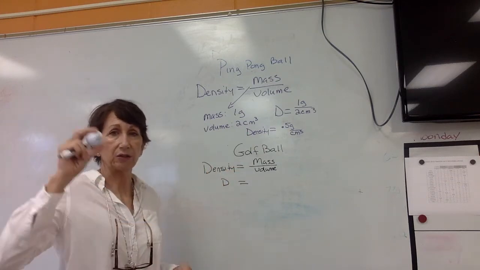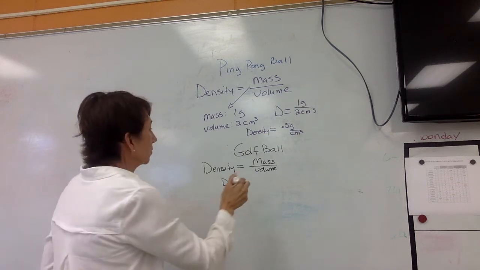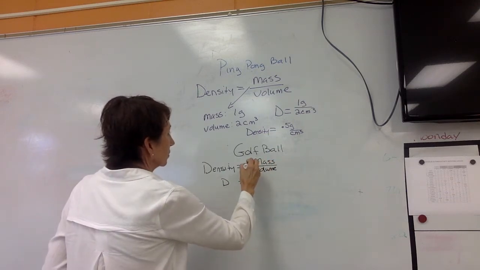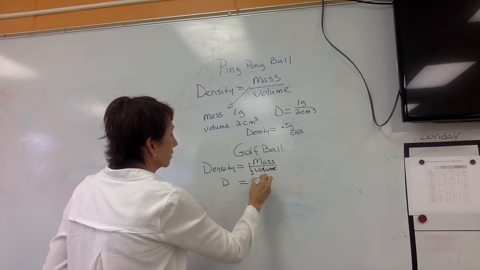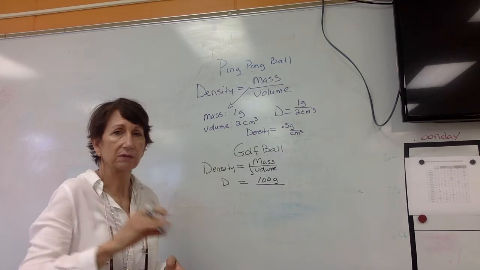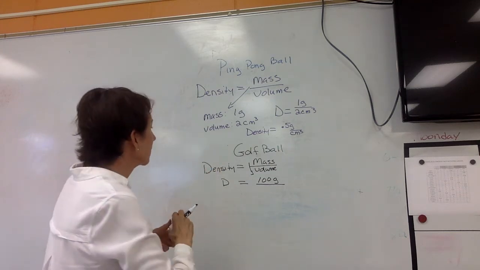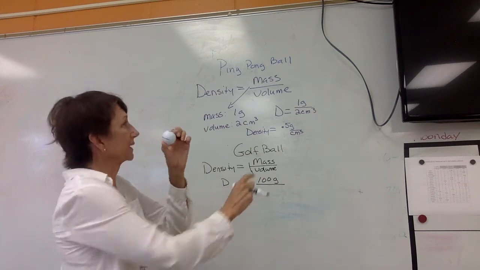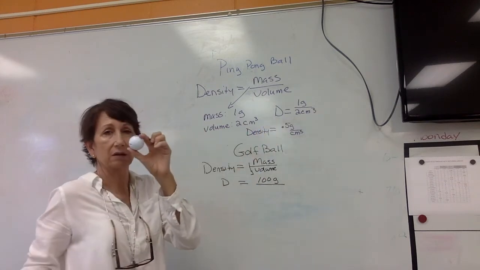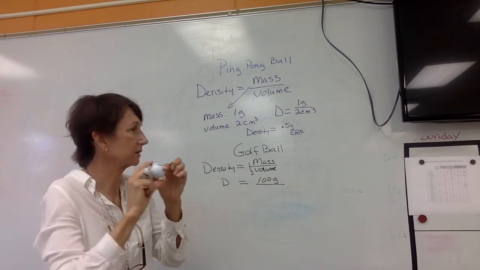So it turns out that I took a scale and I measured the mass of my golf ball, and it was right here. So we're going to use the mass. The mass was 100 grams, okay, because it's rather heavy, remembering that a gram is about a paperclip. And the volume is exactly the same as the ping pong ball. They're the same size. They take up the same amount of space.